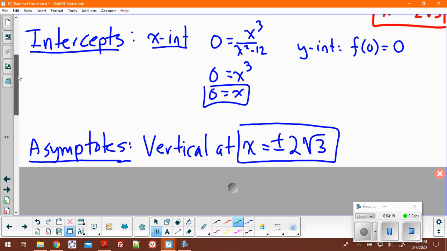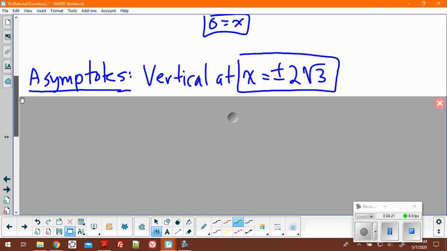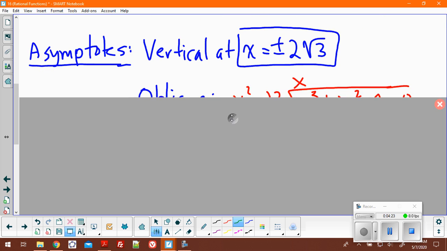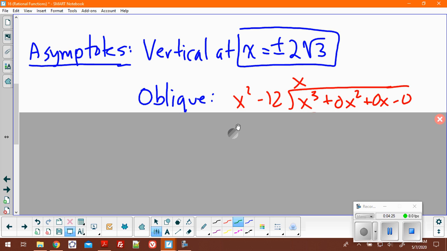The way you find an oblique asymptote is by forcing long division on the function. So I'm going to divide x squared minus 12 into x cubed, and I've written out the placeholders. I had no x squareds, no x's, and no constants. I guess that should be a plus, but it's okay.